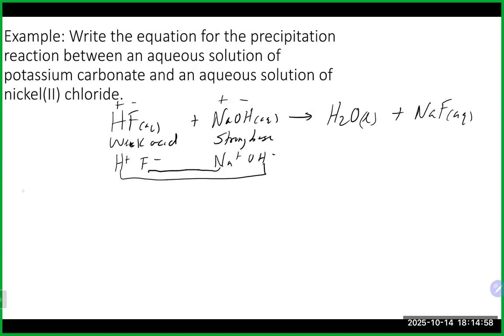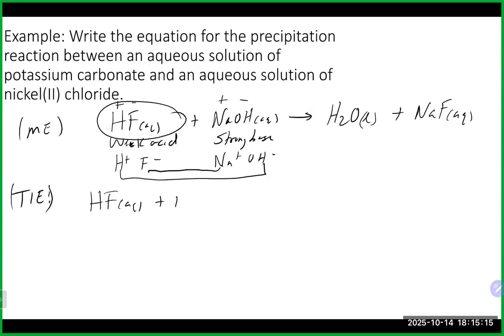If we went to our total ionic equation, because HF is a weak electrolyte, we actually would keep it together. So we would not break apart the HF as it is a weak electrolyte. And we would then do the rest kind of like normal. The sodium hydroxide would break apart since it's a strong base and a strong electrolyte.